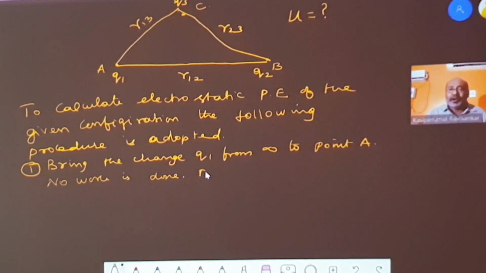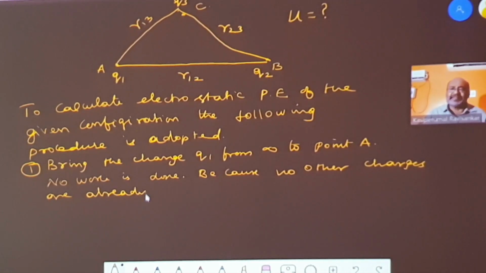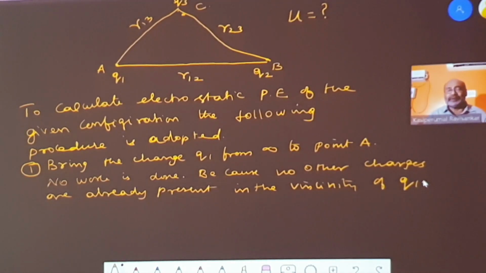Why? No work is done because no other charges are already present in the vicinity of Q1, that is, nearer to Q1.